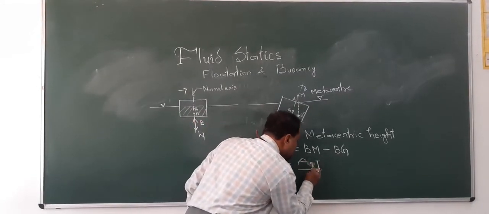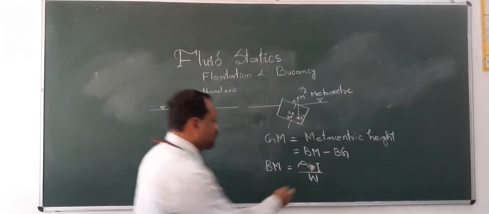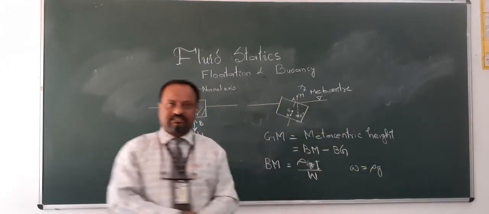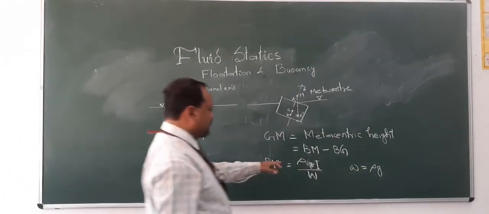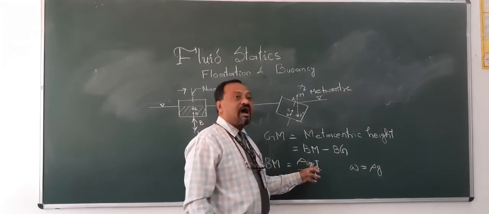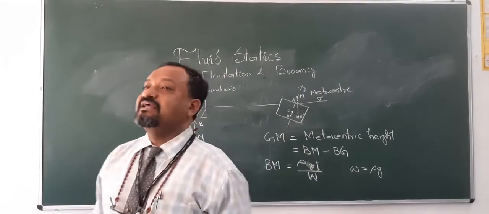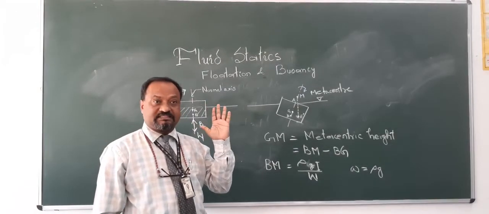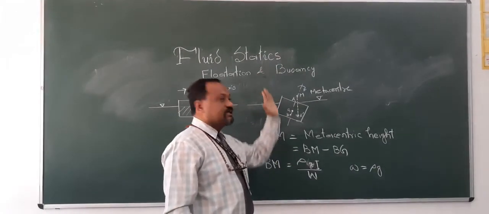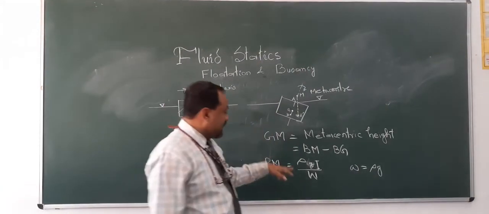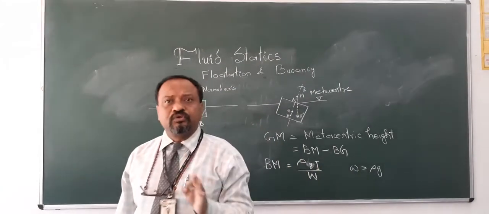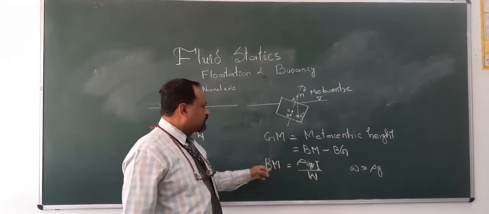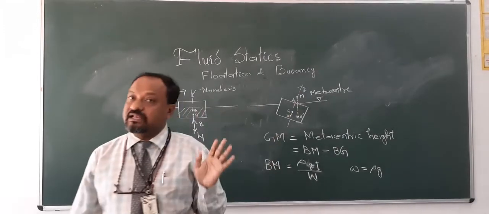This is not W; it is rho g, because we know the specific weight W is equal to rho g, which we have already learned. So here it is rho g multiplied by I. You must know I is the moment of inertia about that particular axis. Here my axis is the y axis, the vertical axis. And W is the total weight of the body. If we know all these parameters, we can calculate the distance between B and M.